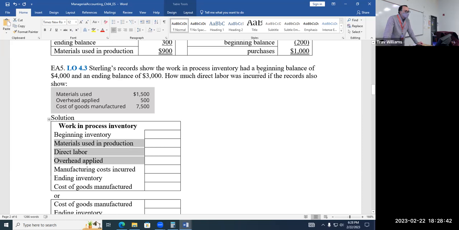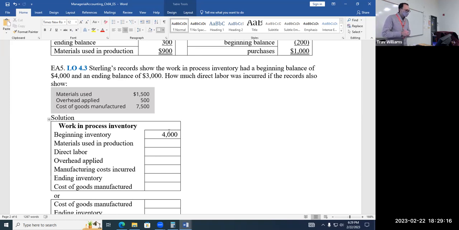So in this case, beginning balance, it says is $4,000. So that means at the beginning of the period, the costs of what they had been working on from the prior period were $4,000. That could be materials, it could be labor, it could be overhead all together. We don't really know, but we know that they had $4,000 of costs that carried over from the last period.